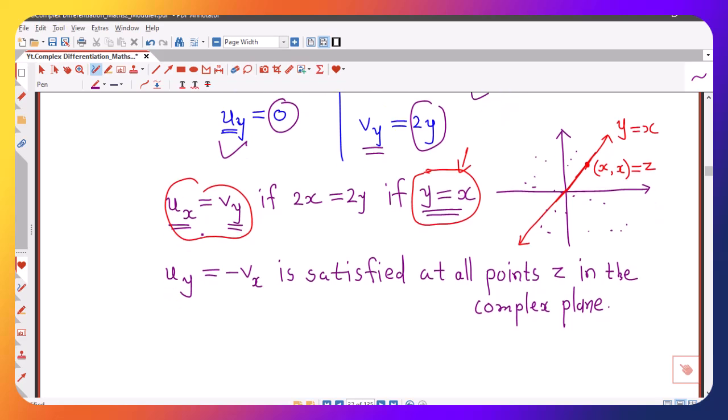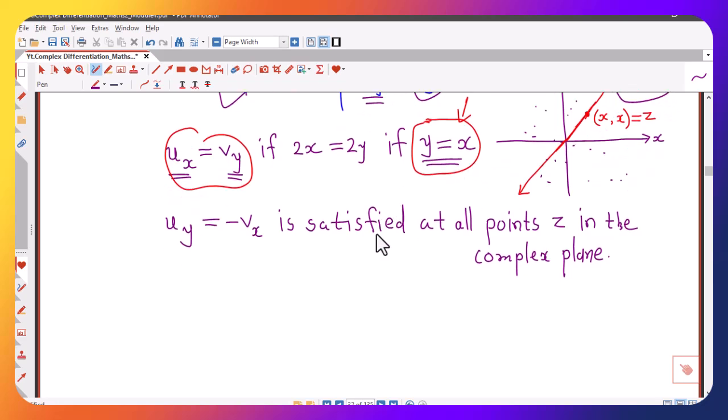And we are interested in those points at which both equations are satisfied. The first equation is satisfied at all points on the line, and the second equation is satisfied at all points in the plane. Therefore, the points which are common are the points on the line y equal to x. We can say that both equations are satisfied at all the points on the line y equal to x.